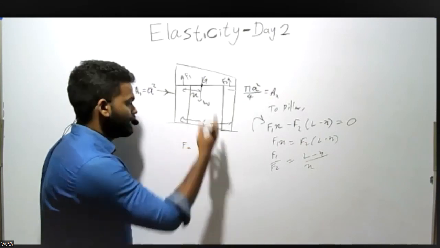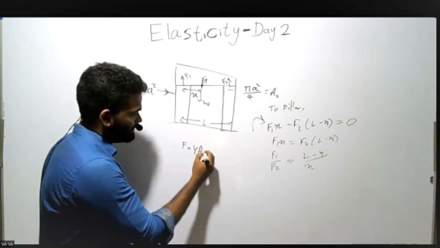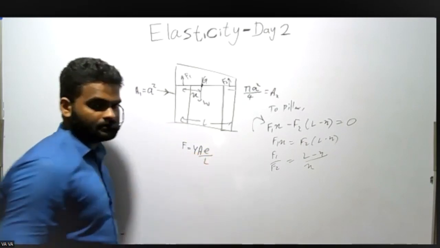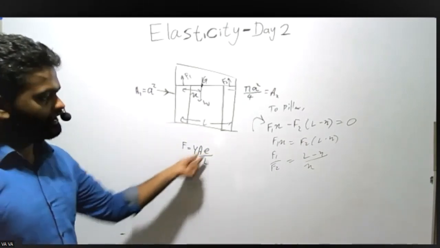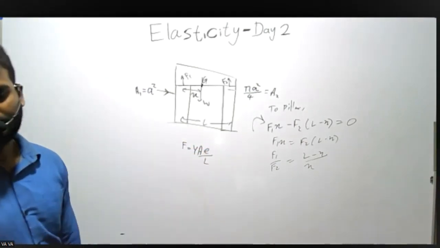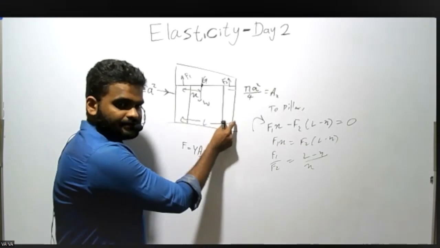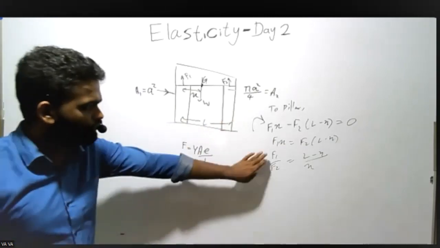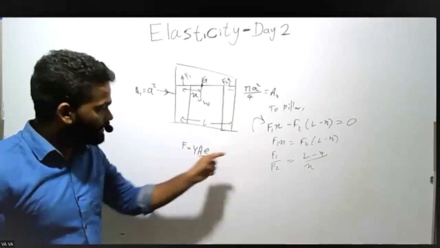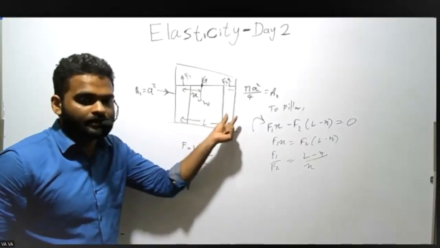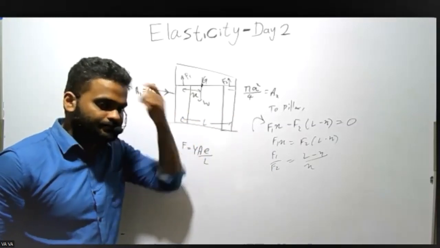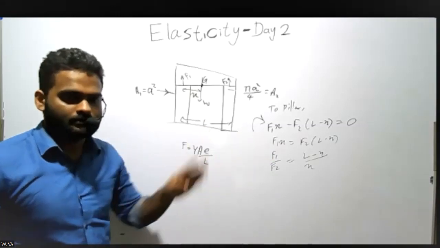F over A equals Y times e divided by L. When you think about these two pillars, you don't have to keep writing stuff. When you compare these two pillars, remove all the constants.